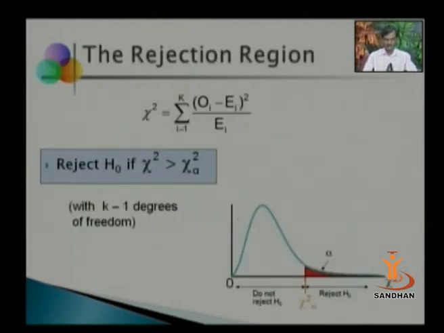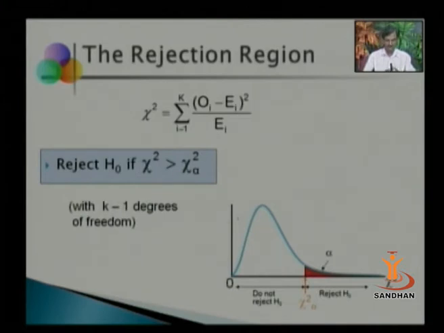Here, the rejection region: if you observe the graph of the chi-square distribution, it has a longer tail towards the right side, and there is a shaded red portion, that is the rejection region. And if you observe that number, that is chi-square alpha. If the value of chi-square falls beyond chi-square alpha, then we reject the hypothesis, otherwise we accept the hypothesis.